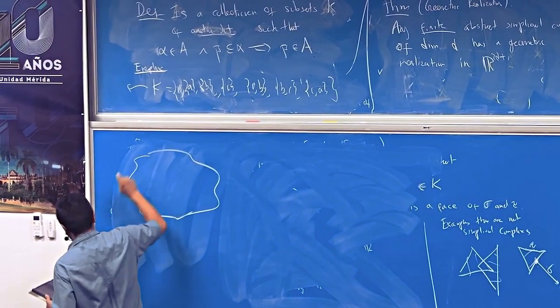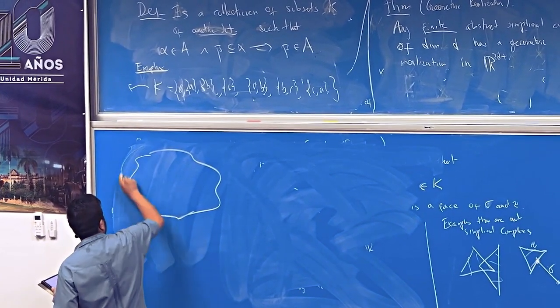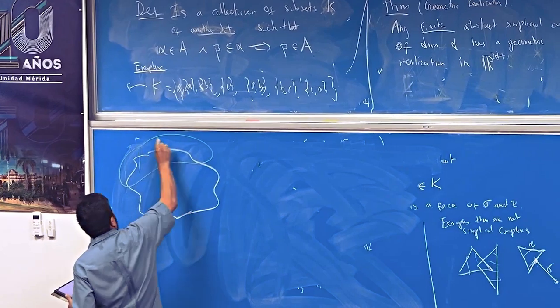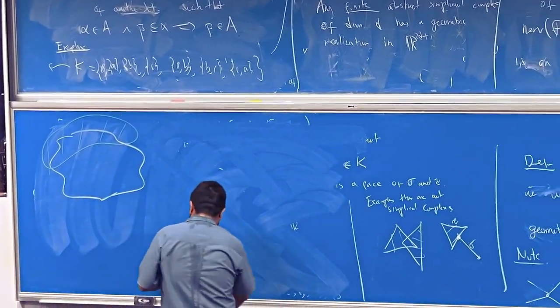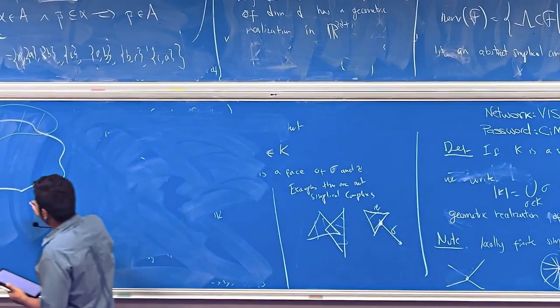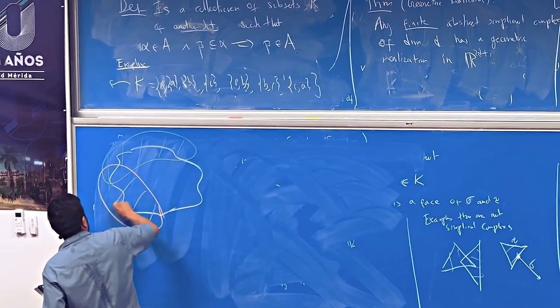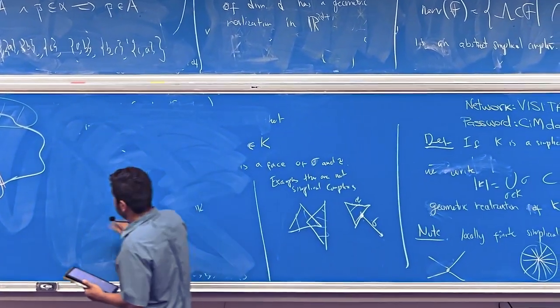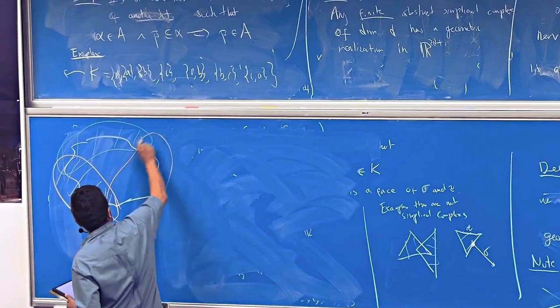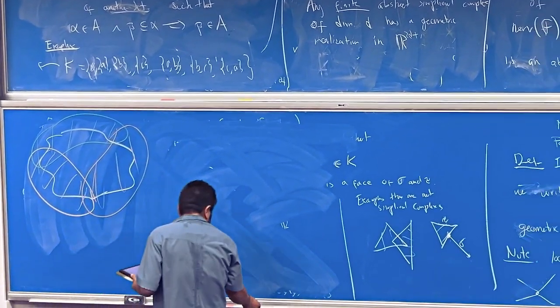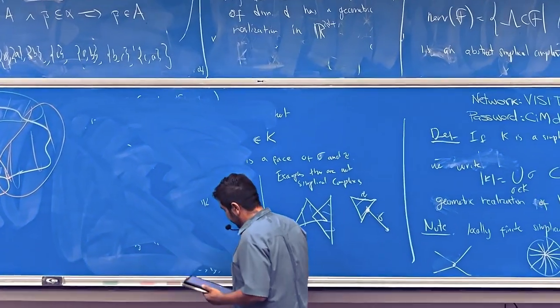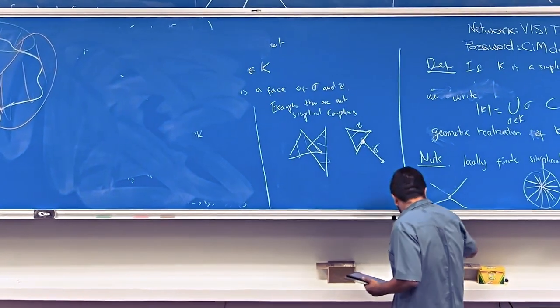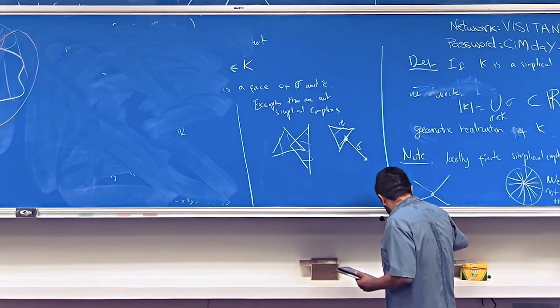Okay, so for example, we have here an open set. Here is another one, and another one here. And we take another two, blue, and what else?